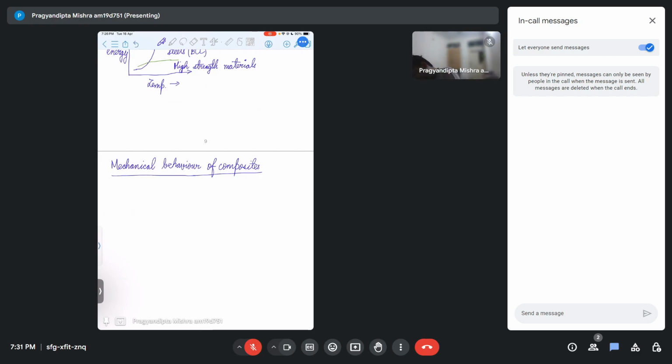The second part of this composite, which is the reinforcement, also has a few roles to play. So it carries a major portion of the load. Okay, so reinforcement is the load carrying member.